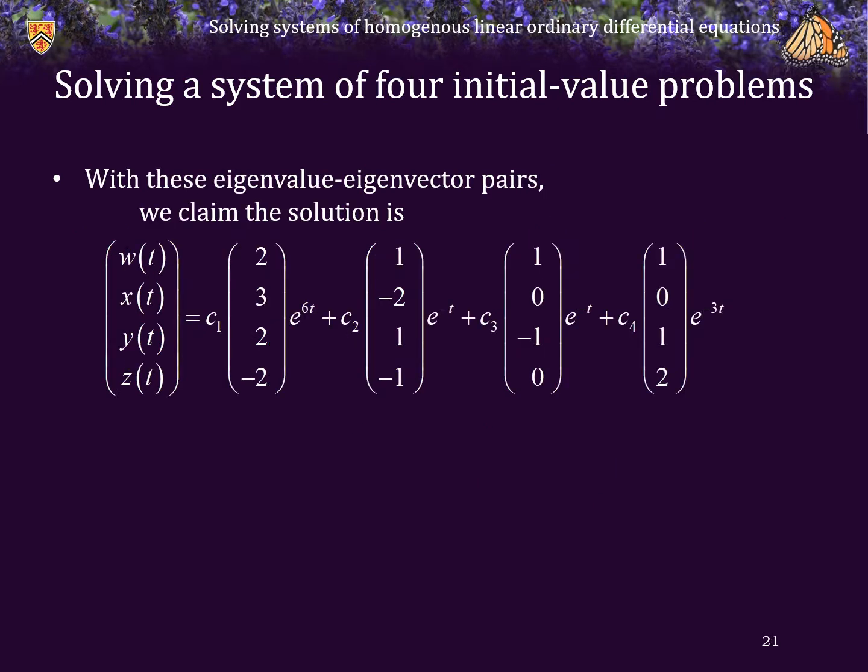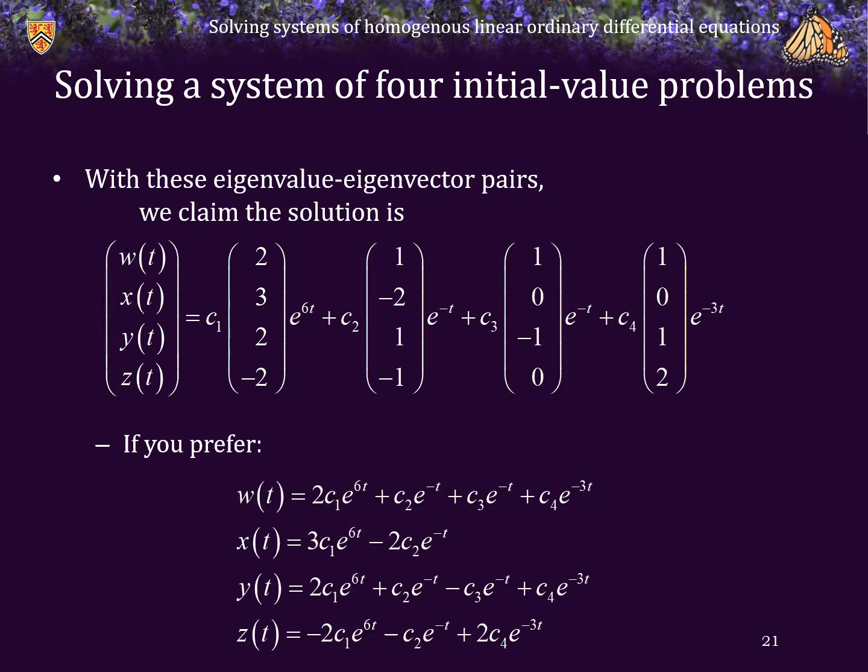Consequently, with these eigenvalue-eigenvector pairs, we can substitute them into our equation. The solutions are some unknown C1 times the first eigenvector times e to that first eigenvalue times t. The first eigenvalue is 6, plus C2 times the second eigenvector times e to the negative t, as the second eigenvalue was -1, and so on and so forth.